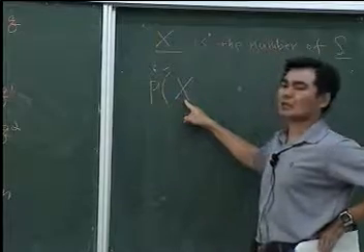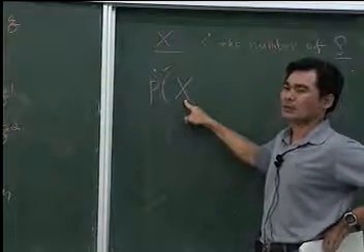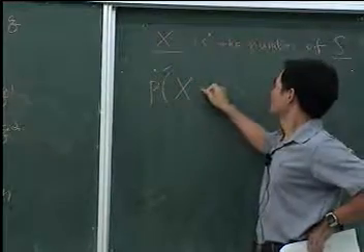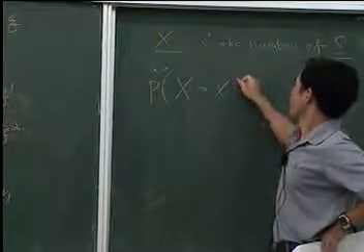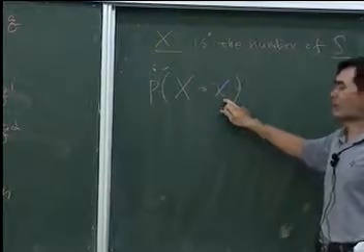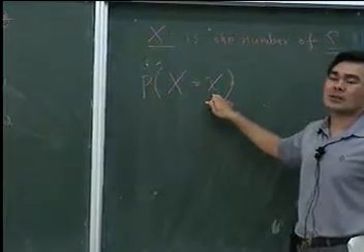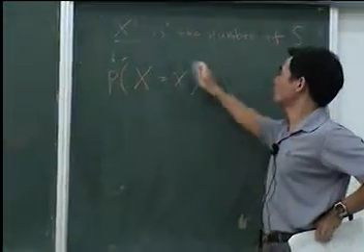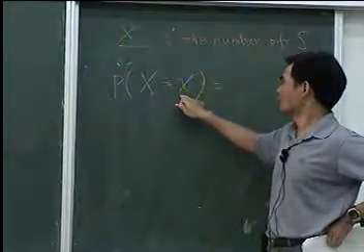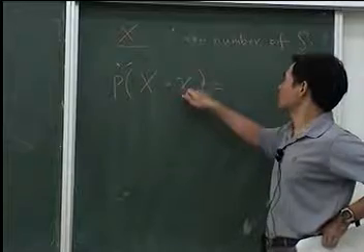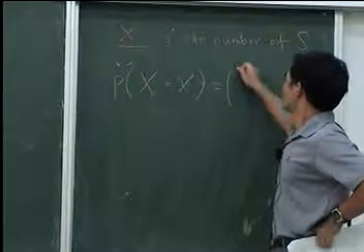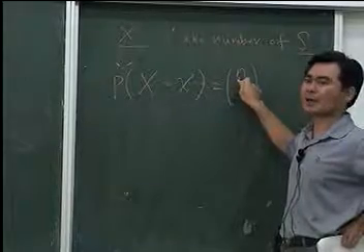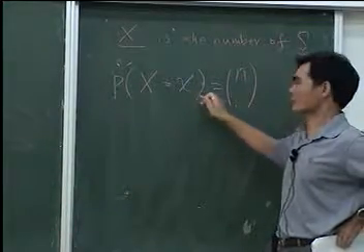So I use capital X to denote the random variable. And this is a lowercase x, a specific number. So we want to know how many successes there are. Of course we know the total number of trials is n. We have n trials, and this is the number of successes you get.